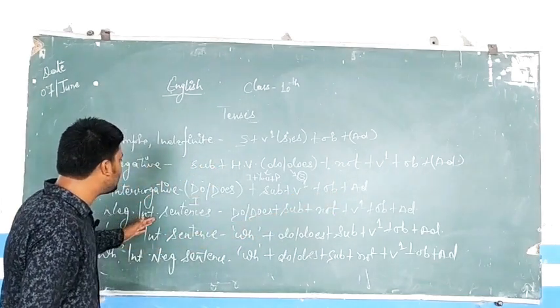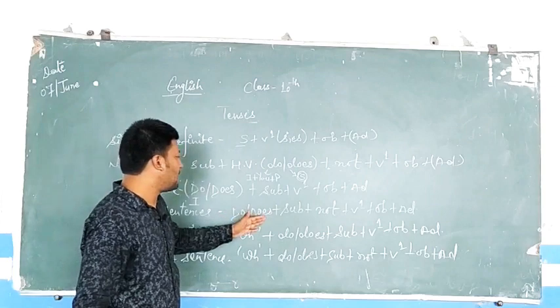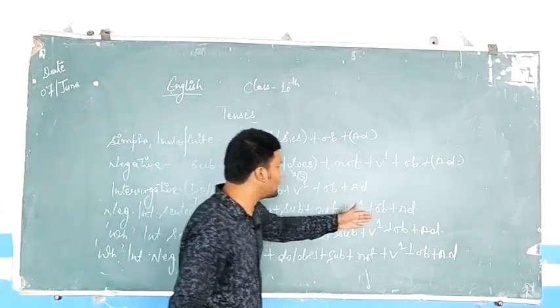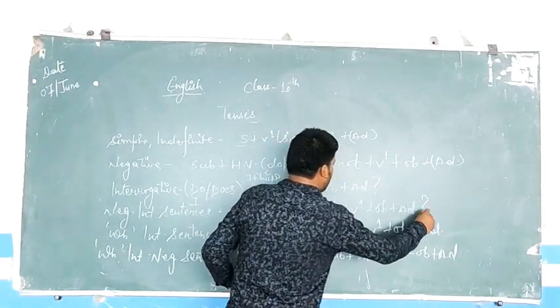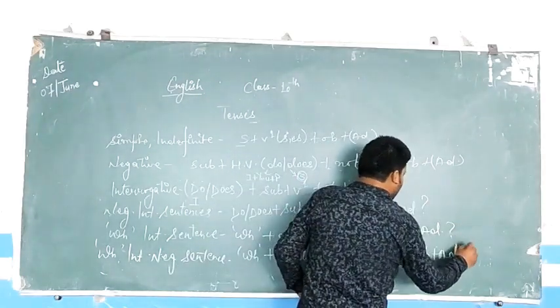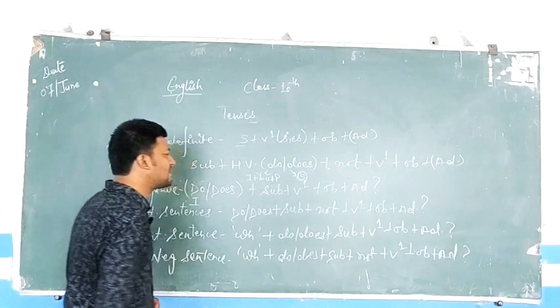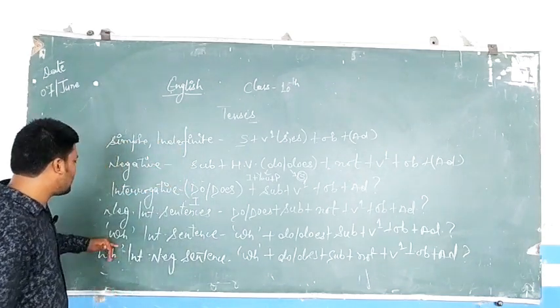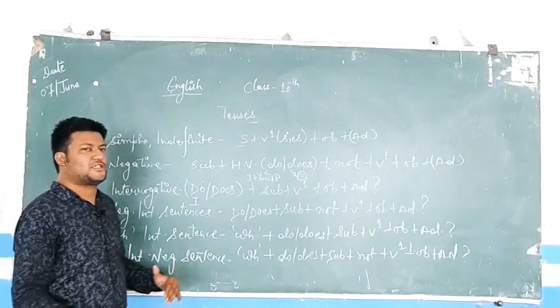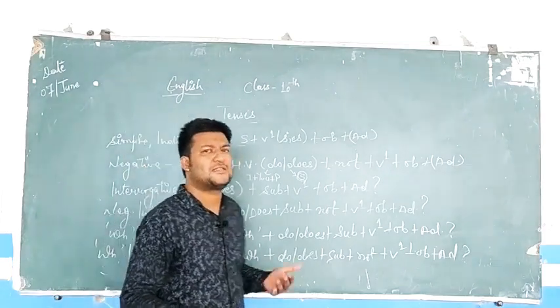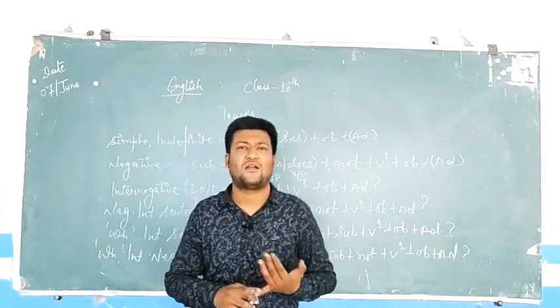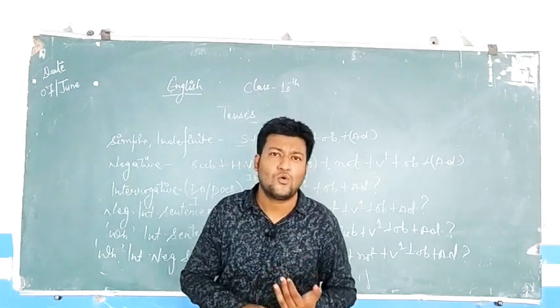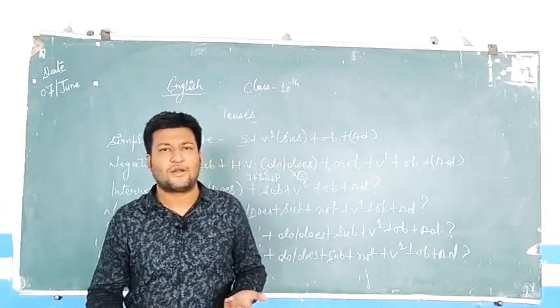Next, negative interrogative: does he not go to school? Of course, with a question mark, that is the structure of interrogative sentences. Now WH interrogative. The WH family contains interrogative questions which are what, why, when, where, how, who, whom. 7 members are there.